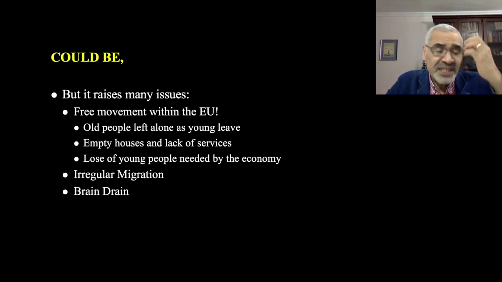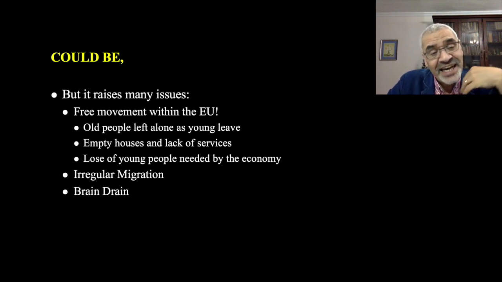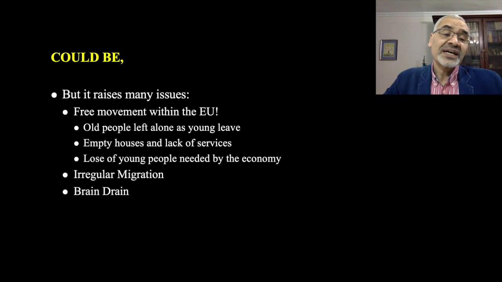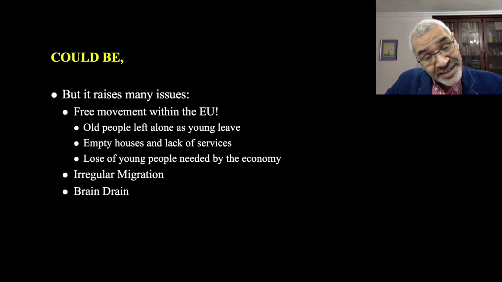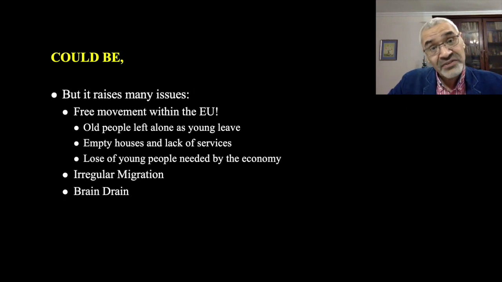Well, so irregular migration is also another thing. In some cases, Europe regulated some migrants who fit the economy, especially in Southern Europe, like Italy and Spain. So this also raises the issue of brain drain. Europe needs qualified persons, and qualified persons in the South are paid for by these poor governments, who just pay for their education.